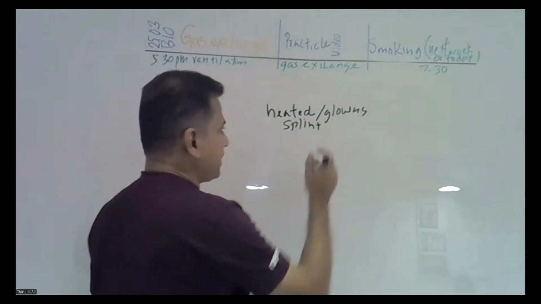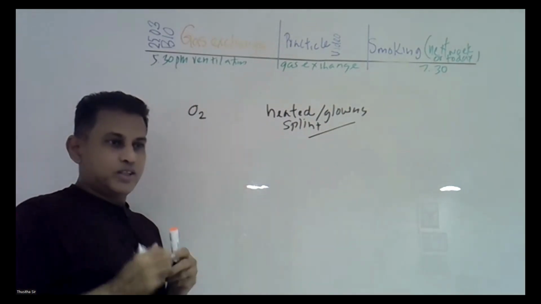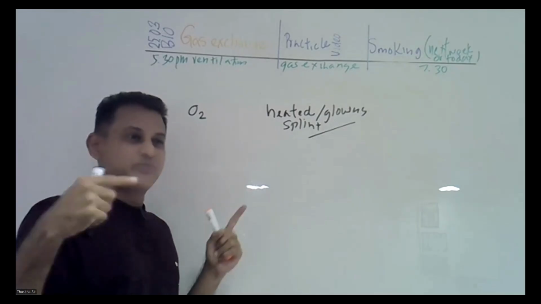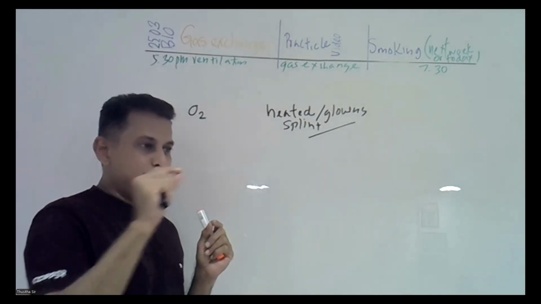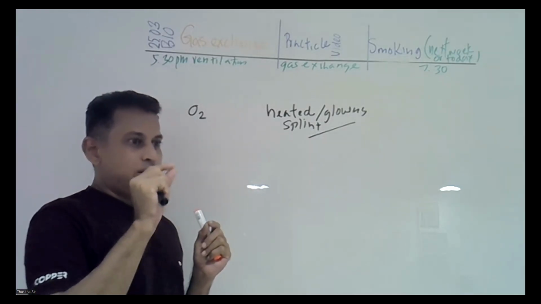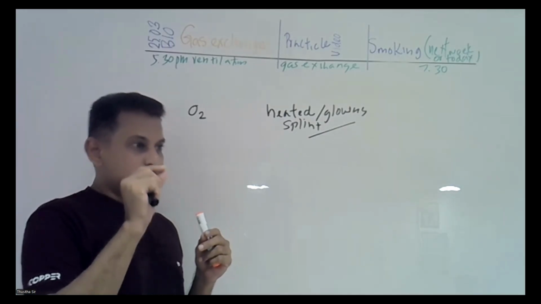Yes, so a splint is kind of like a bigger toothpick, let's say. You know, like a barbecue stick. The splint is like a barbecue splint, and you can hold this in a fire. After that, it starts to glow, an orange, red, orange-yellow color, and starts to burn.